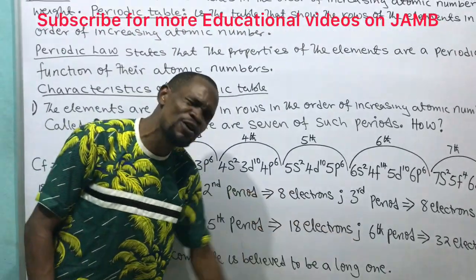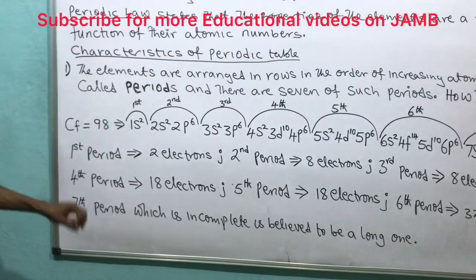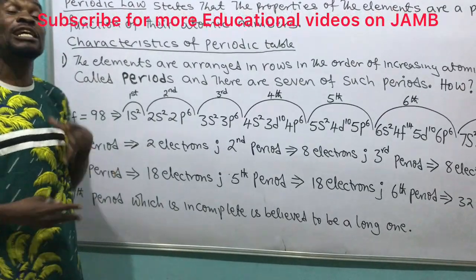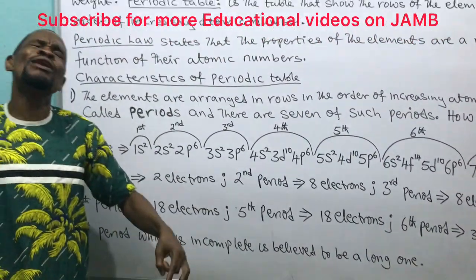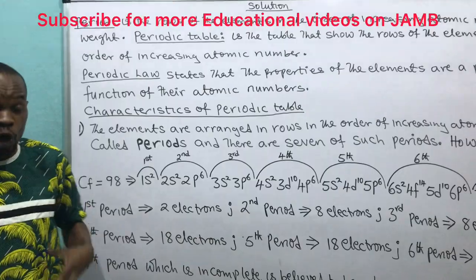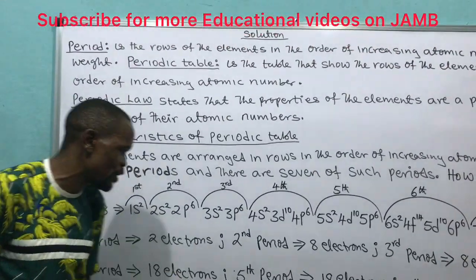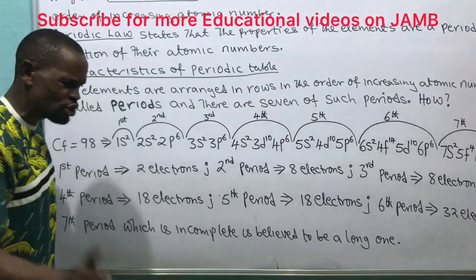The sixth period is filled up with 32 electrons. And the seventh period is incomplete, waiting for other elements that will be discovered to be fixed in the 7 periods.